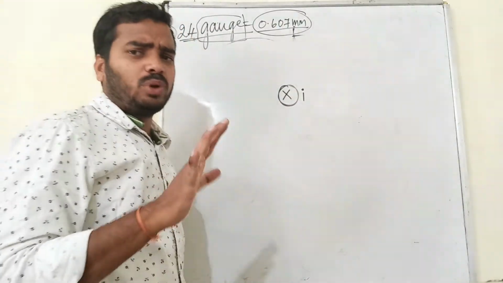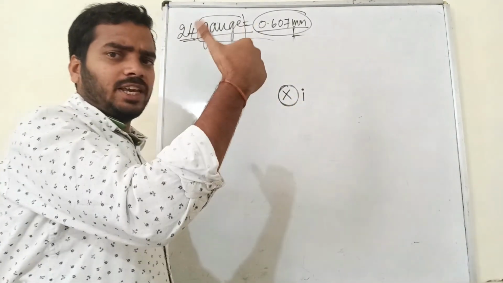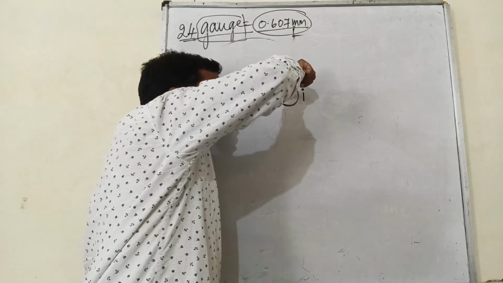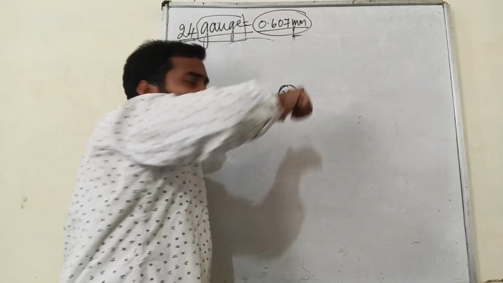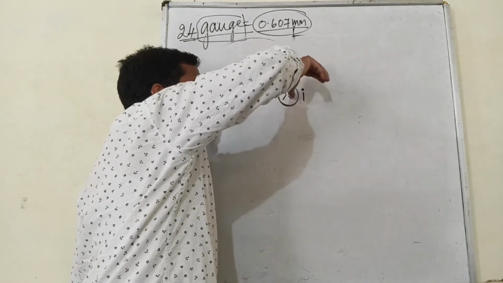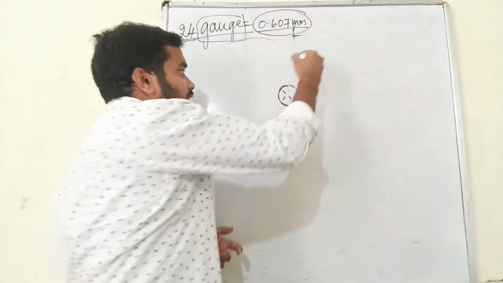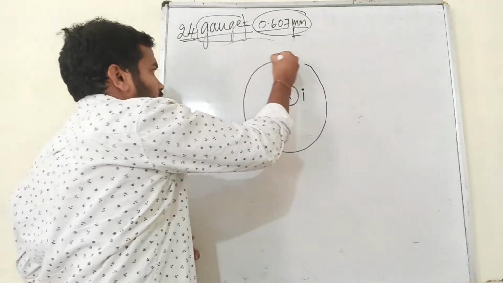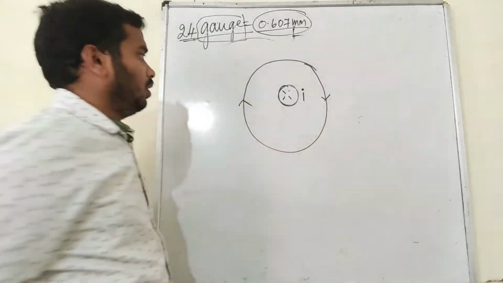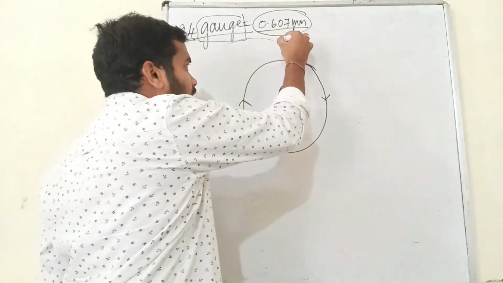Similar right hand thumb rule, same rule will be applied. Take your thumb and put the thumb in the direction of the electric current and you curl your fingers. This is how you will curl your fingers and you can see magnetic field would be clockwise.